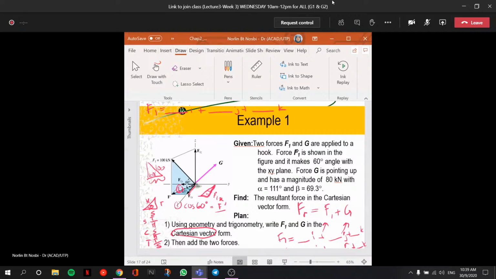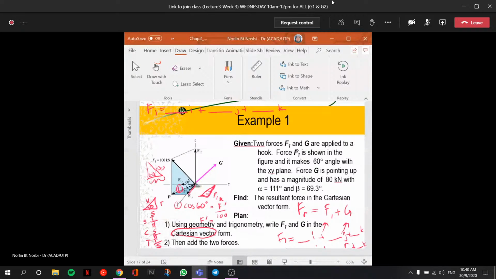So F1 prime is equal to 100 times cos 60, you will get 50 kilonewton.